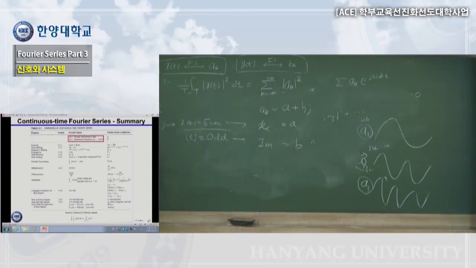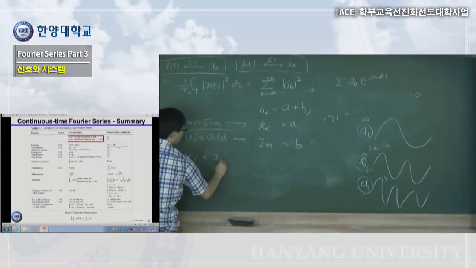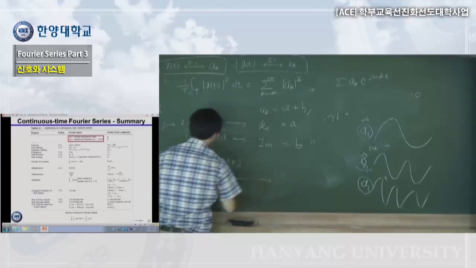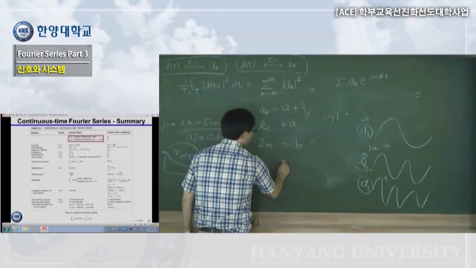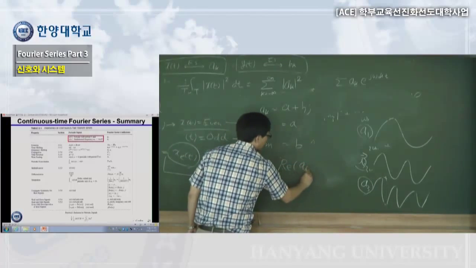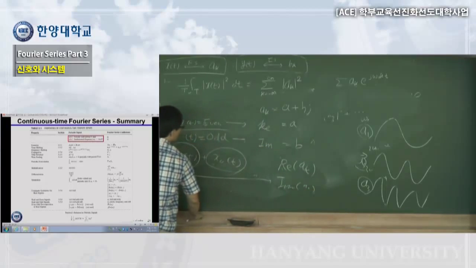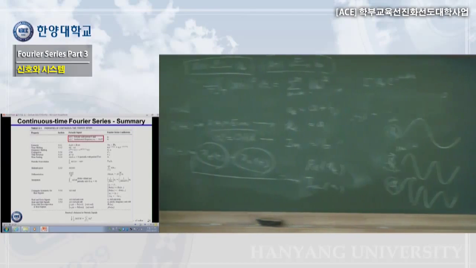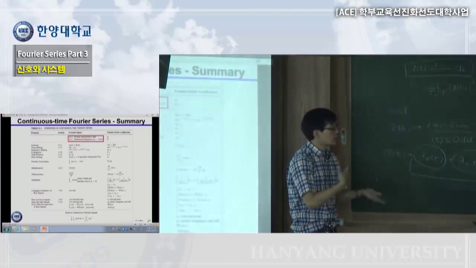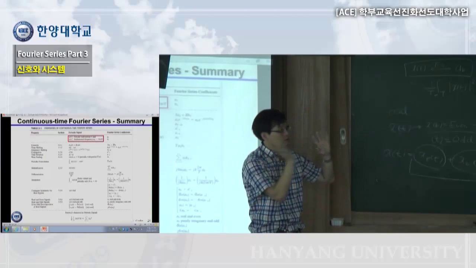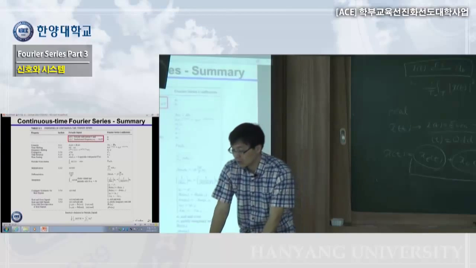So x(t) can be divided into an even part plus an odd part. If you change this to the a_k domain, the even part becomes the real part of a_k and the odd part becomes the imaginary part of a_k. That's what the equation says. If you know the table, you can simplify your calculation a lot. So this is the summary of today's lecture. Questions?